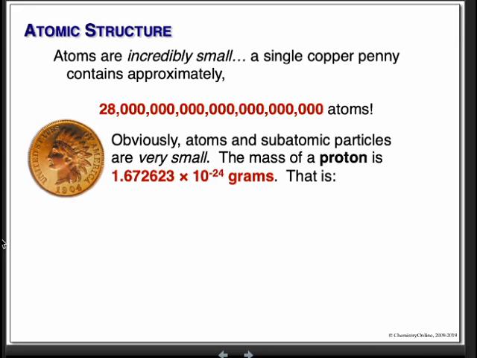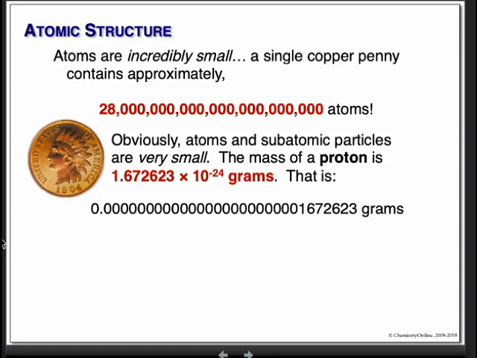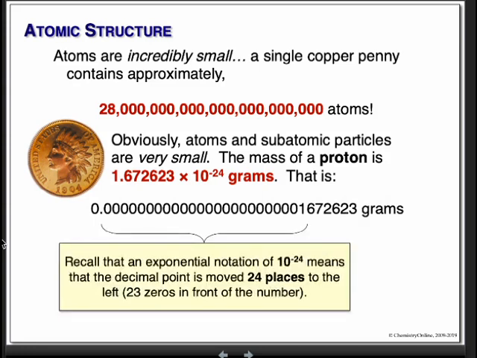The mass of a proton is about 1.67 times 10 to the minus 24 grams. Now, we talked about scientific notation. This number in decimal looks like this. And the 10 to the minus 24 tells us we move this decimal over here 24 places to get this number.